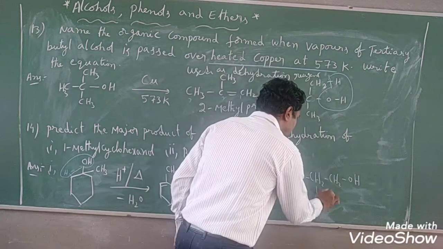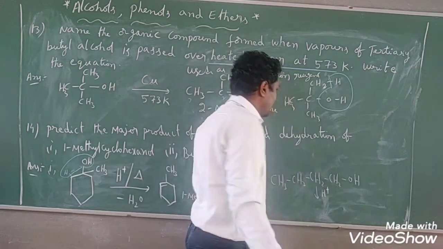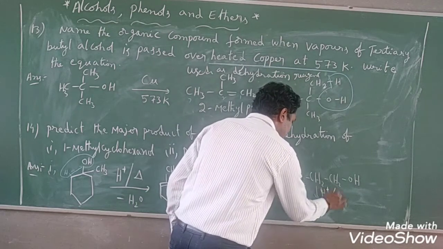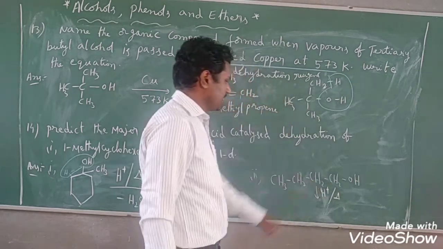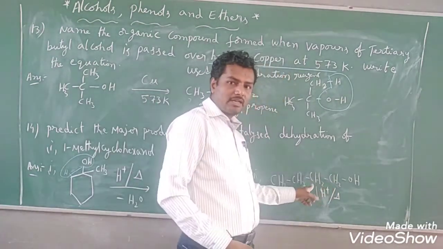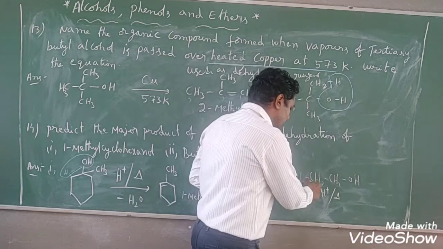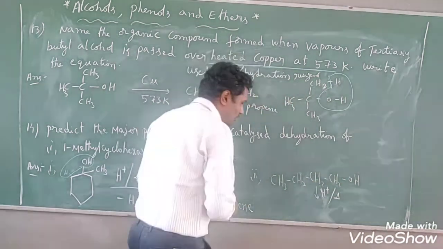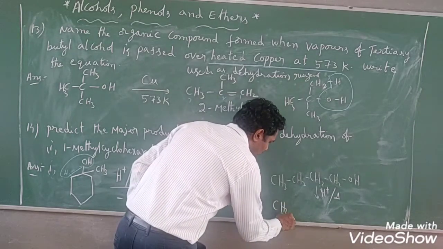Whenever we have acid catalyzed dehydration, we definitely have to heat. So H plus with the heating symbol you have to write. The OH next carbon is the alpha carbon, the next carbon is the beta carbon. From here one hydrogen, and here OH, removed in the form of water molecule, and the product formation will take place like this, students.